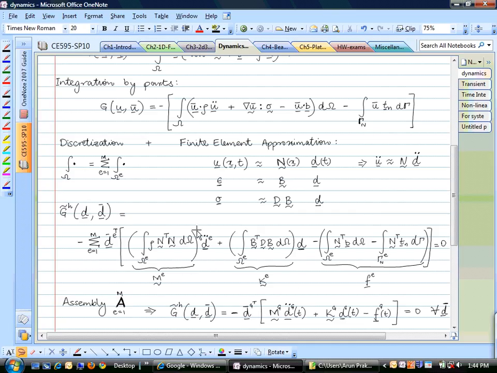The only new thing is coming from this term. You can plug in u is equal to N times d, and u double dot is equal to N times d double dot. And if you do that in here, what you will get is N transpose N and the nodal acceleration vector. And this matrix is called the mass matrix.